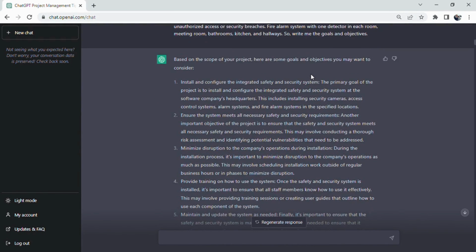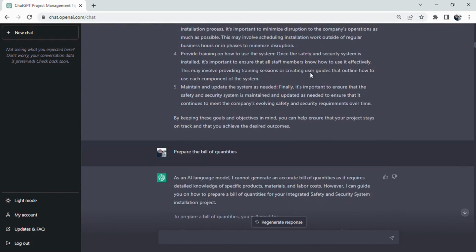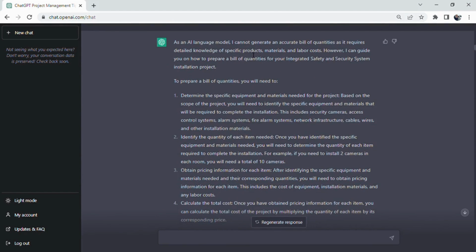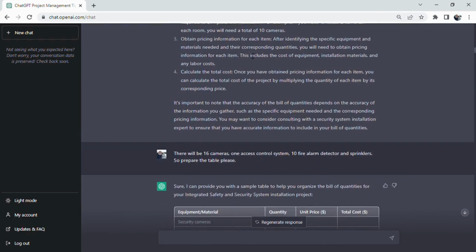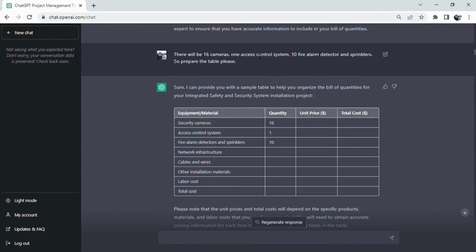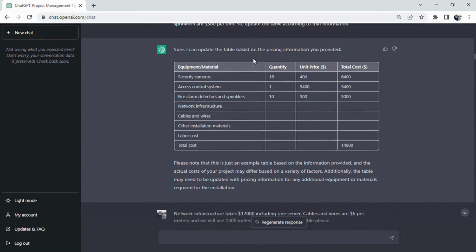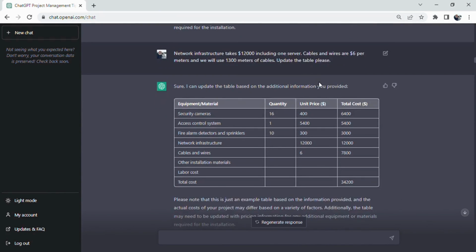To ensure we met our goals and objectives, we defined the scope of the project, identified the key stakeholders, and established clear expectations for the project deliverables. This helped us to stay focused and aligned throughout the project lifecycle.